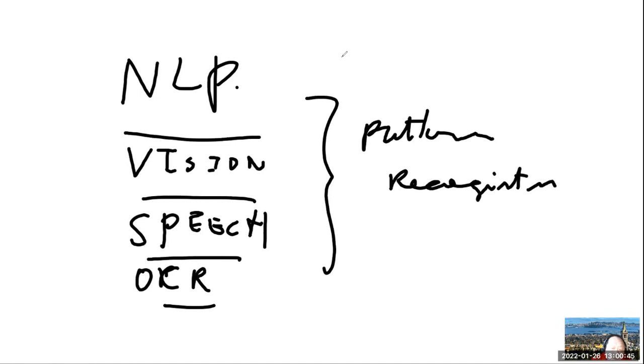That means that when I write an A, you try to understand that it is a stroke of A, that's computer vision. So pattern recognition is one of the functions for AI.